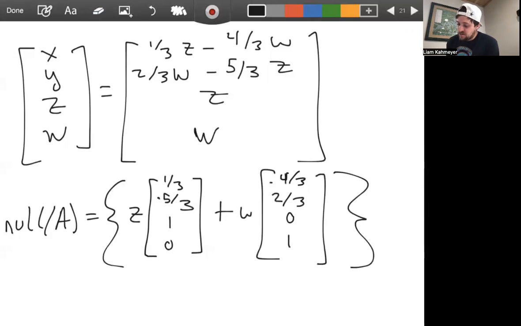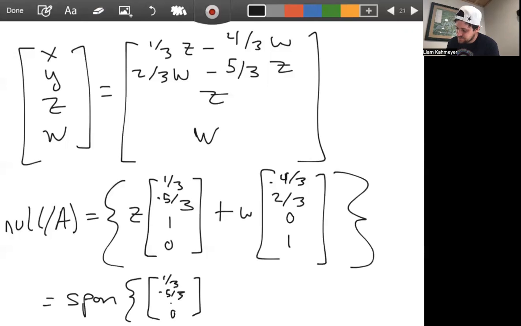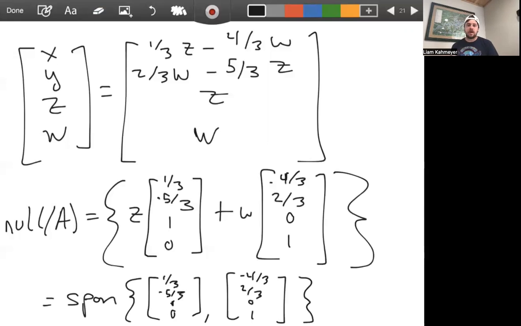So if you'd like to understand the null space as a spanning set, this would be the span, and it's a two-dimensional null space because we have two basis elements here. That's 1/3, negative 5/3, 1, 0, and negative 4/3, 2/3, 0, 1, right?